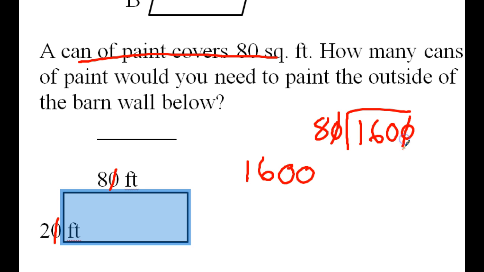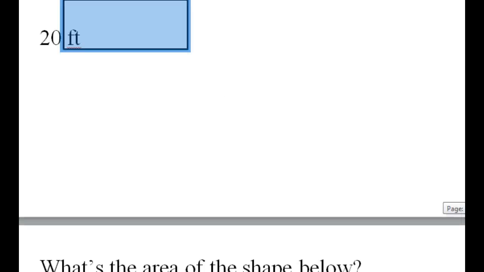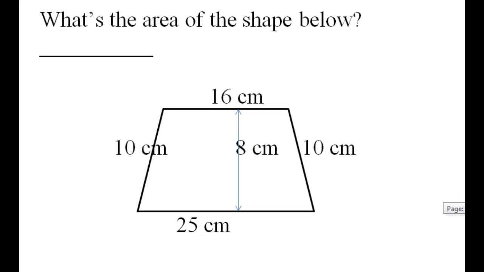I can get rid of a 0 on each side. How many 8s in 16? 2. How many 8s in 0? None. It would take 20 cans of paint because 20 times 8 equals 1600. Sort of like what we just did over here when we were finding the area.